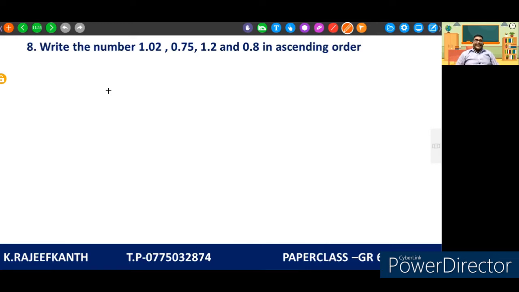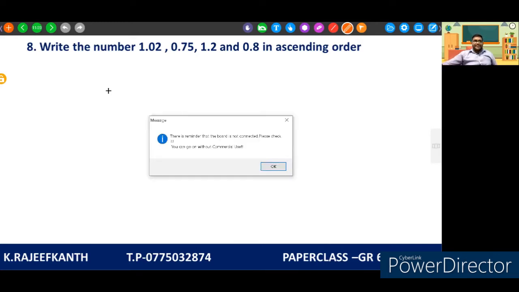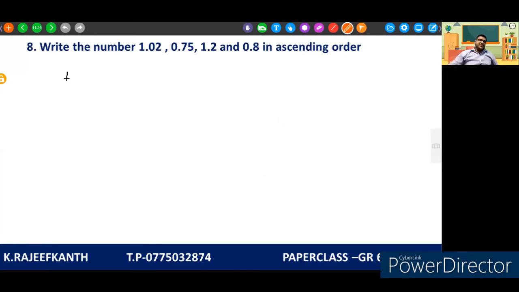Then you can arrange in ascending order. Here they have given 4 numbers: 1.02, 0.75, 1.2 and 0.8. So you have to arrange these numbers in ascending order.